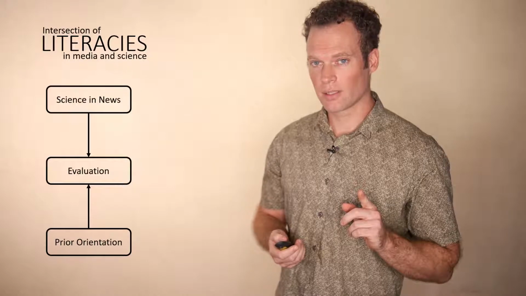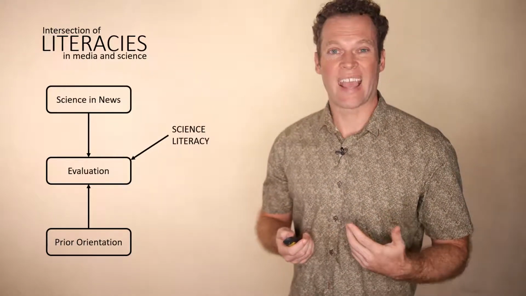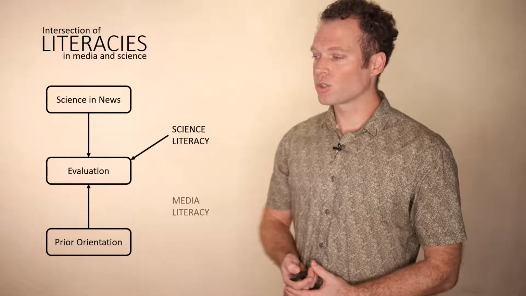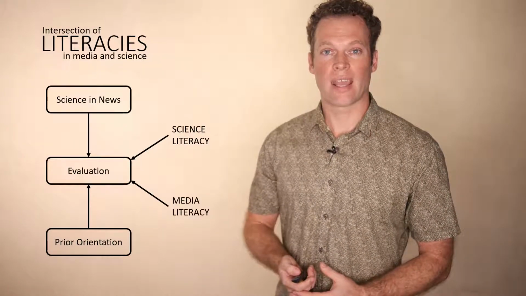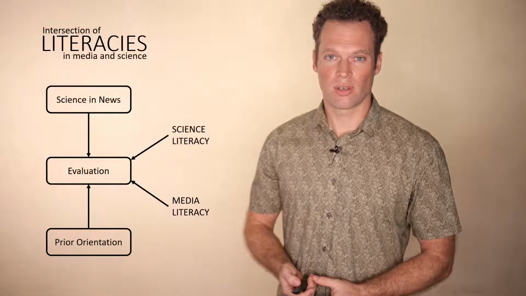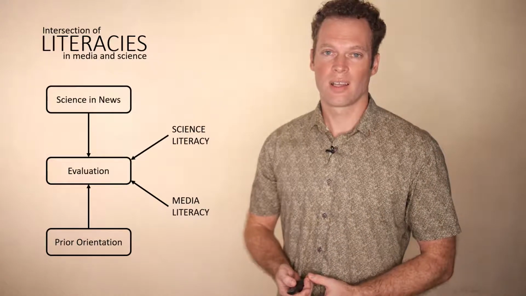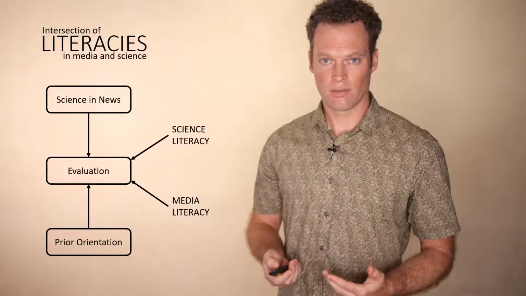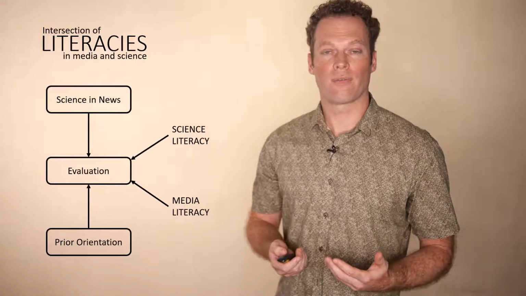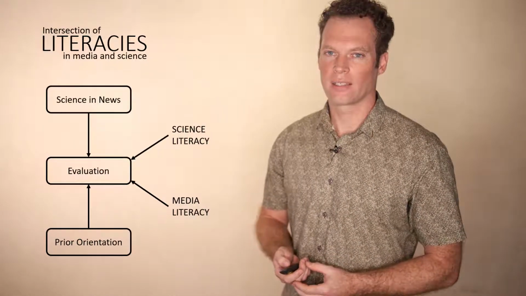Now, that critical stance benefits certainly from having science literacy, understanding how science works, how science is conducted, and so on, and also from having media literacy, understanding how media systems work, how the media represent certain ideas, the limitations or constraints that media actors face. And those two factors really affect how individuals engage in more critical appraisals of science in the media.